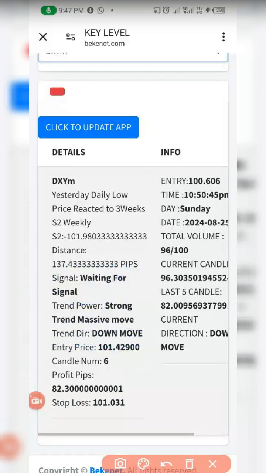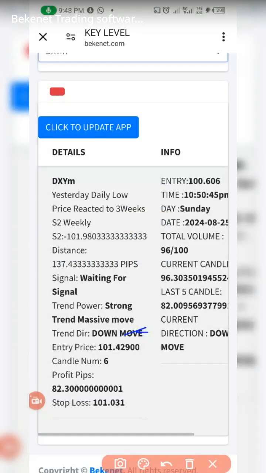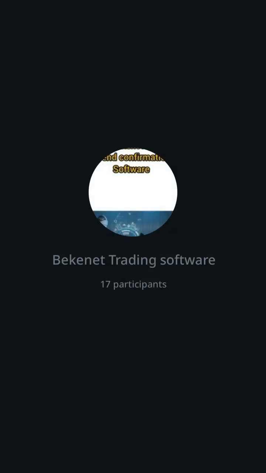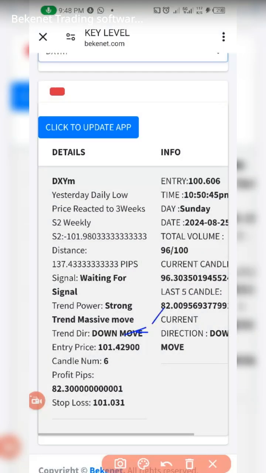The trend direction must show you either up move, down move, or none. If it's showing you none, you are not doing anything. So what you expect on the trend direction is either an up move or a down move. If it's showing you an up move on the trend direction, then the next thing your eye should go to is numbers of candle. Numbers of candle should be 0, 1, or 2. Anything above 2, forget it.